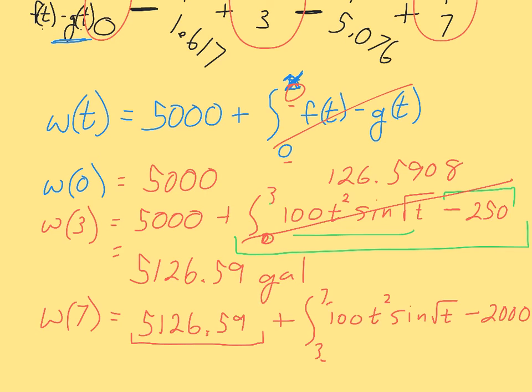Now let's calculate how much we added or lost in the next 4 hours. So I'm going into my calculator and punching in that equation minus 2,000, and I'm going to take the integral, number 7, from 3 to 7 hours.